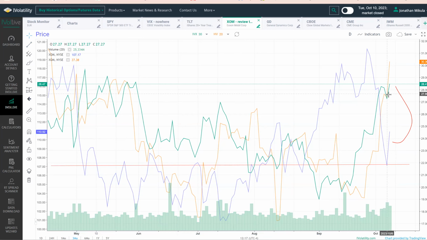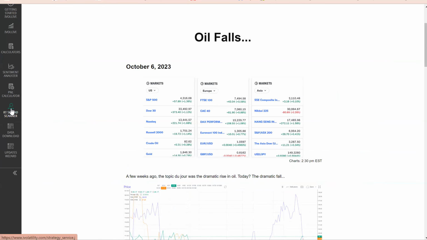So this is an interesting real-time example of how reading our editorial, following along with that and current events, can lead to interesting trading opportunities, right? So it's maybe an interesting time to go bullish on Exxon. But to battle test that, we could come here to our real-time spread scanner. So I'll click away from the article on Exxon.